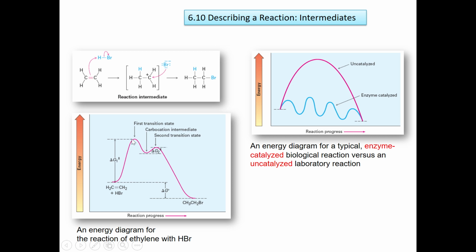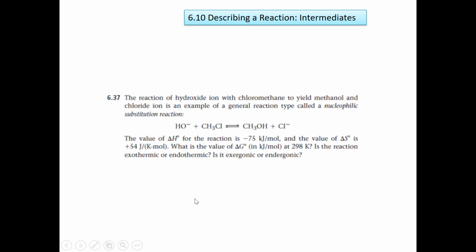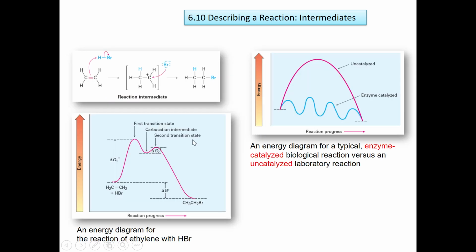Remember, transition state, always a maximum of energy, intermediate, a minimum of energy. Once we have this, basically the bromine attacks, we get a transition state, not an intermediate, a transition state, that is a maximum of energy, that is when we are forming the carbon-bromine bond. Once it starts forming, we are losing energy, until we arrive at the final products.